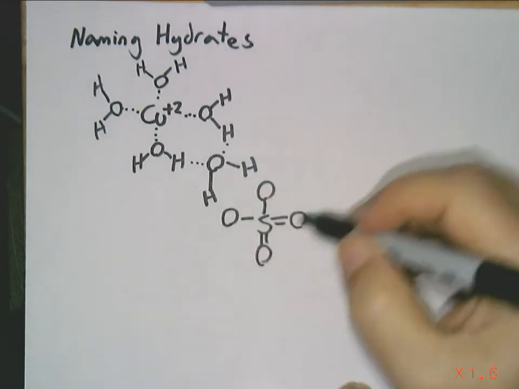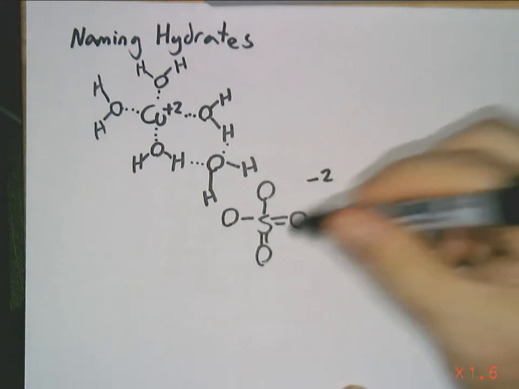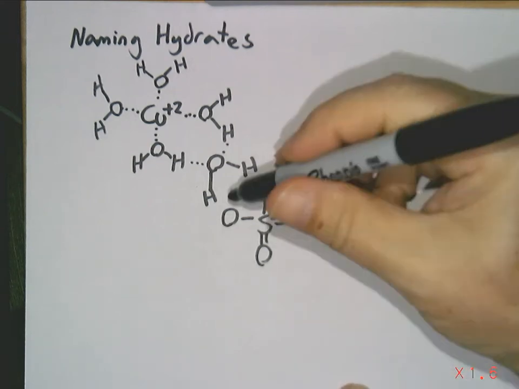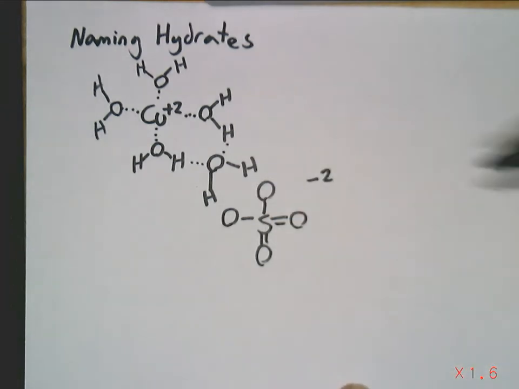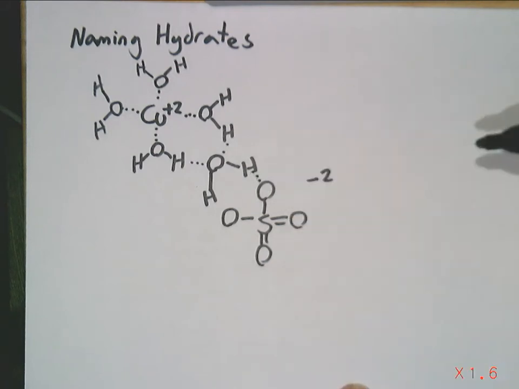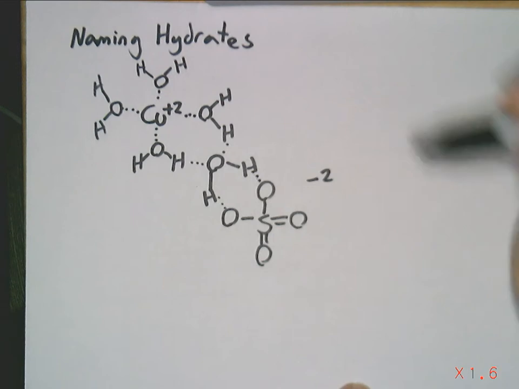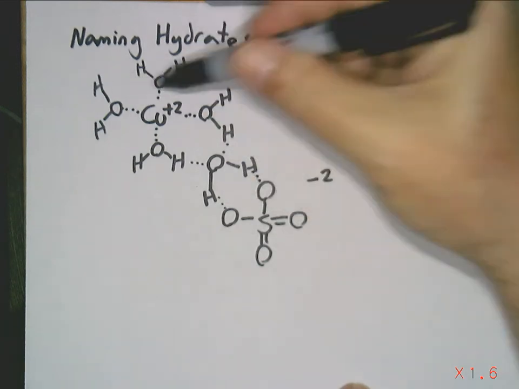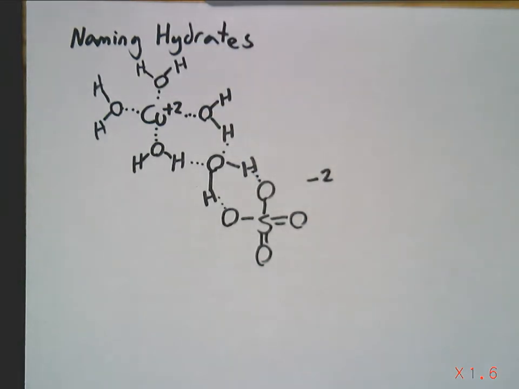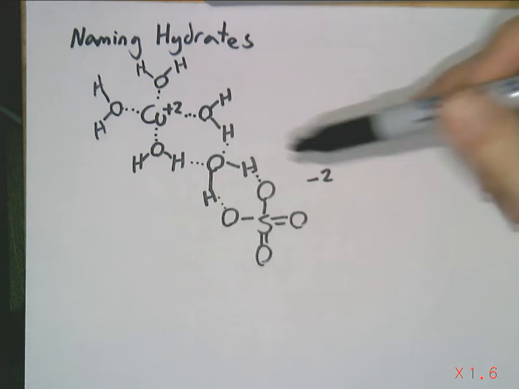But think of this whole thing as having a -2 charge, and I won't write all the details of the structure in here. Let's keep it simple. But that's a sulfate ion, and this positively charged hydrogen can stick to the negatively charged oxygens on the sulfate. This big thing here is the unit that repeats over and over again in a crystal of blue vitriol.